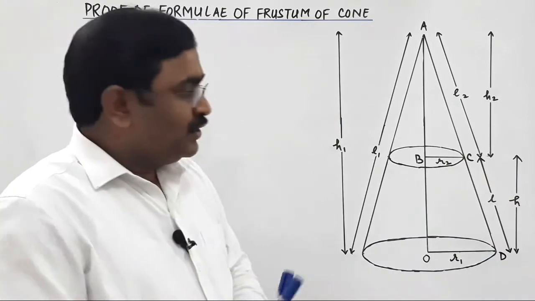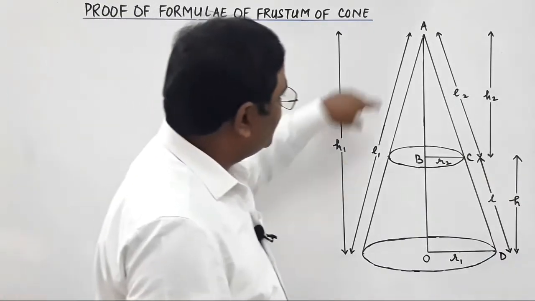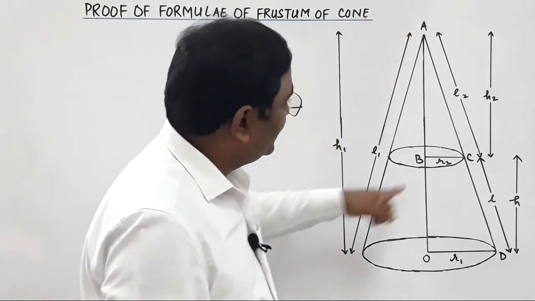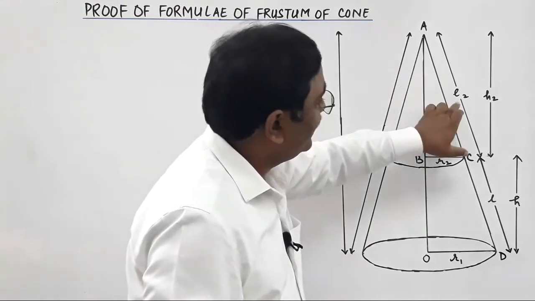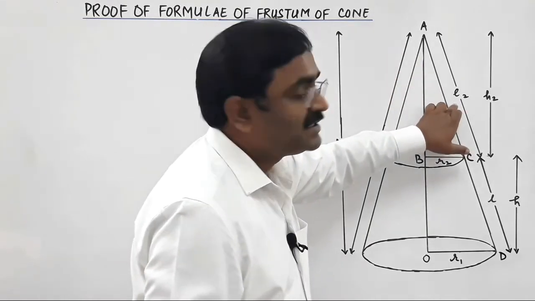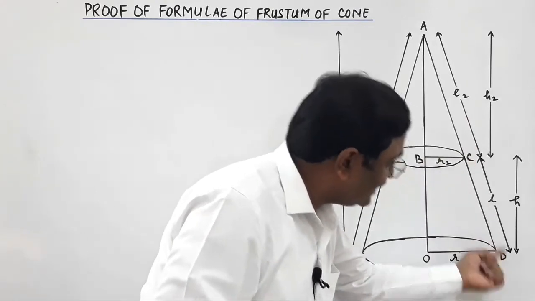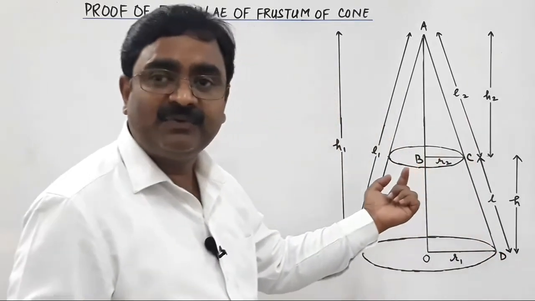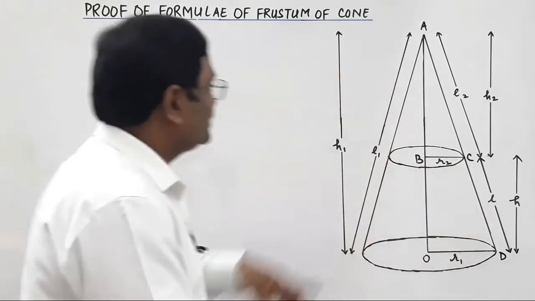Understood? So friends, here as we got, this L1 is the slant height of the whole cone and this L2 is the slant height of the smaller cone. So if L is the slant height of this frustum of cone, then this L is equal to L1 minus L2.